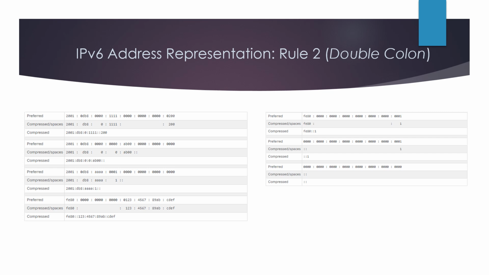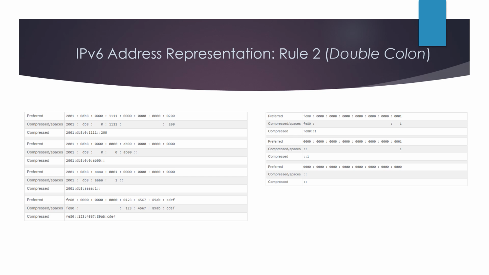And there are some examples of addresses that have more than one contiguous string of all-zero hextets. The best practice is to use the double colon on the longest string. If the strings are equal, the double colon should be used on the first string.